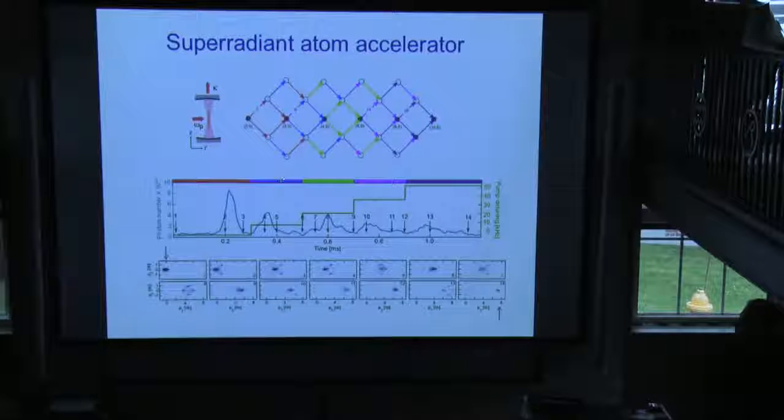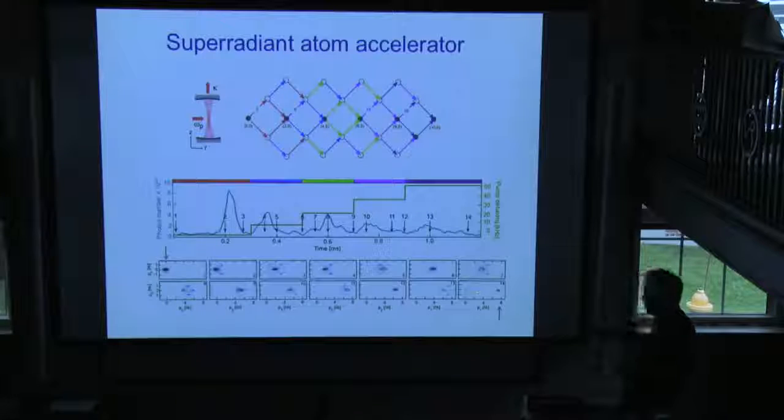You have to adjust your detuning to make it resonant to the process that you want to happen. So we start with this process here, then the detuning is changed to be resonant with this process, and so on. And you see each time you do that, a spike of light is emitted in the cavity to do this transfer. Okay. Here you can see that we should end up with 10 ħk, but we're only ending up with 7 point something. This is due to the trap.